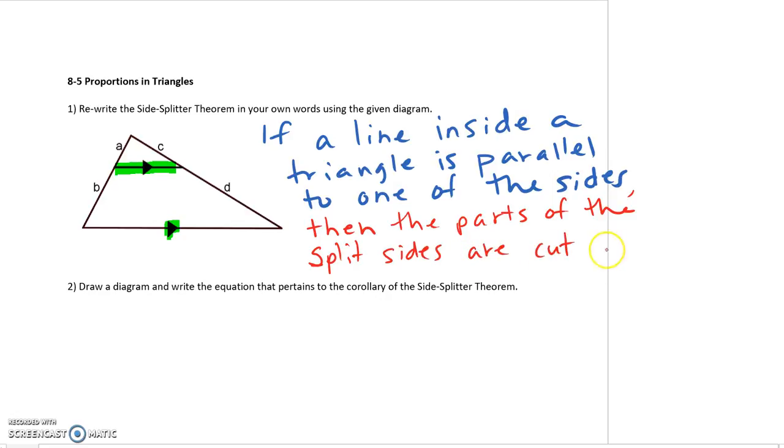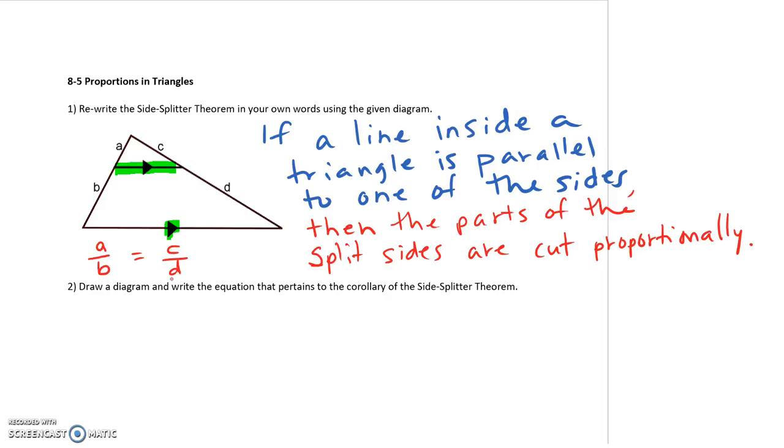Are cut proportionally. If I'm looking at the particular triangle I have right here, that means A over B is the same as C over D. Very handy when solving problems to know, as long as those are parallel, that A over B is the same as C over D.